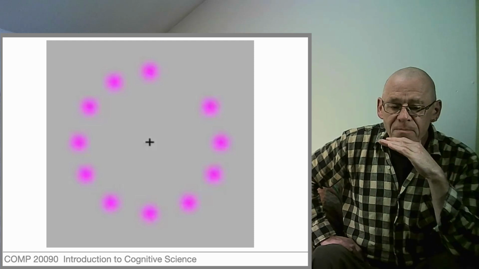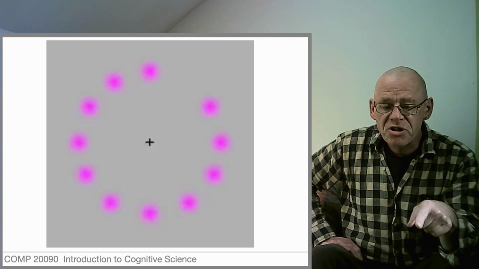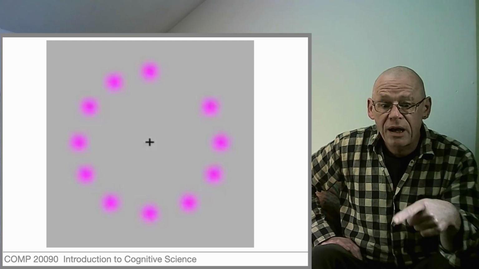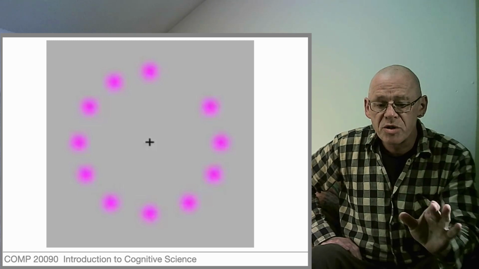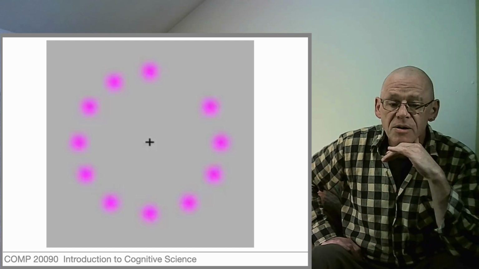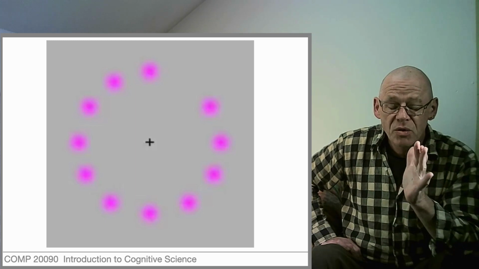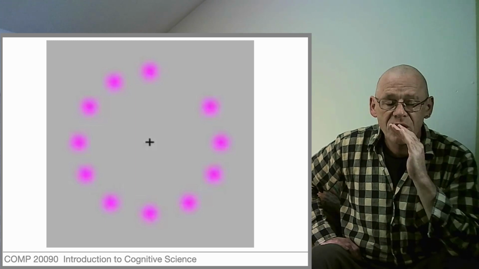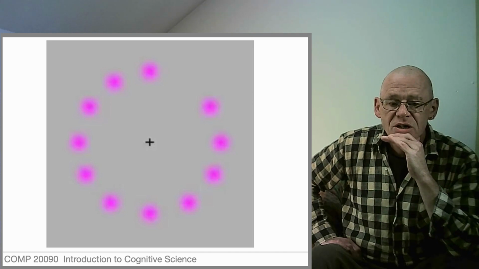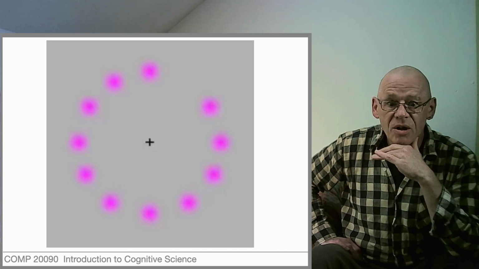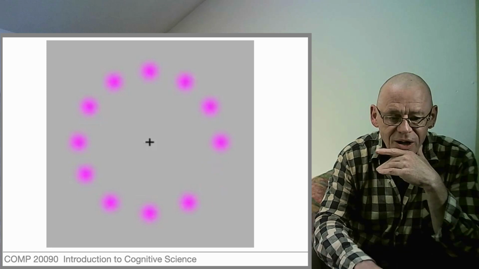So what's going to happen is that in succession, these purple dots are going to wink on and off, so that there's always going to be a hole and the hole's going to move around. But while you're looking at it, if you stare at the fixation cross, that's not what you're going to see. What you're going to see is a green dot that comes out and eats all the others. Let's have a go and see, does it work?